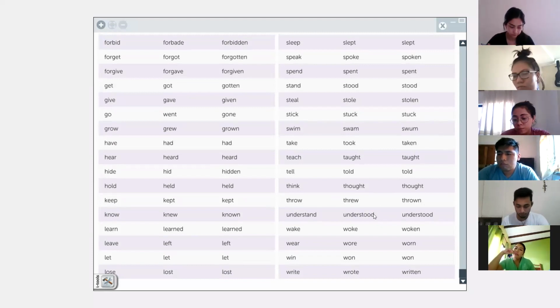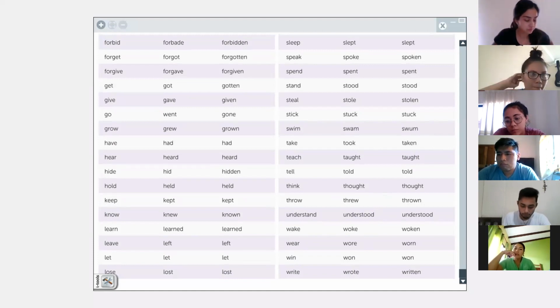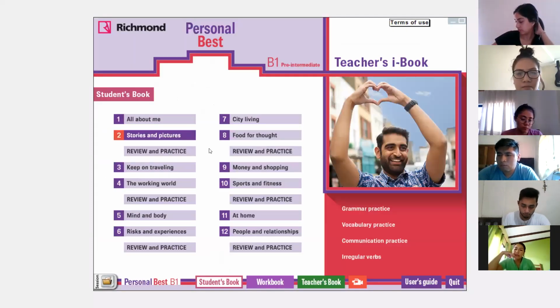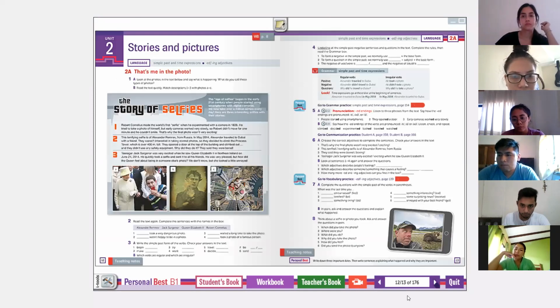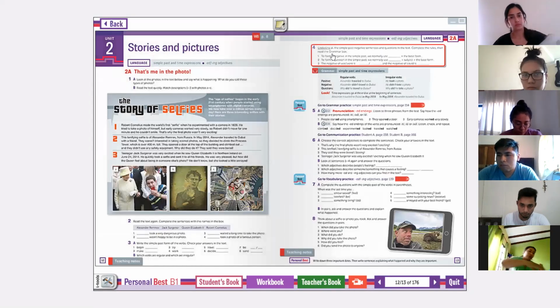Okay. So these are the verbs that you need to know, and you need to know how to pronounce in the past too. Okay? Good. So let's continue here. On page 13. Exercise number 4.